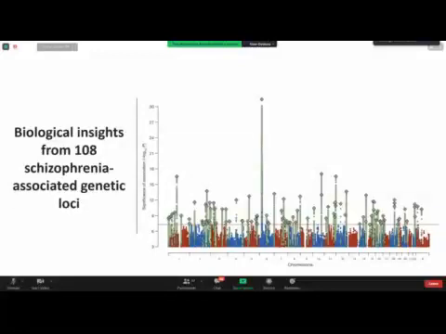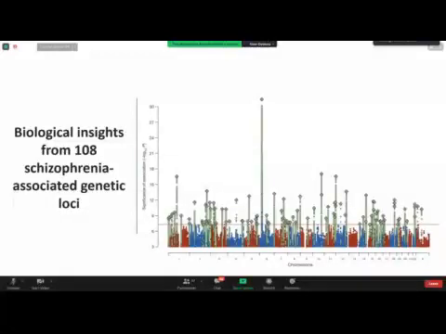In this kind of graph, this red line is basically the threshold. This is our statistical threshold, so whatever is above it is significant. All the small points, of course, you cannot see here because there are millions of SNPs. So we looked at millions of SNPs in 40,000 cases and 70,000 controls.